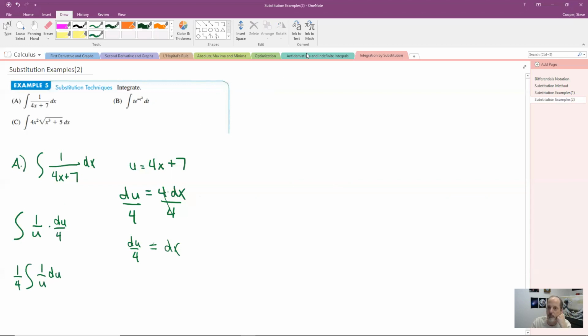Okay, we saw in our last section that the integral of 1 over x is ln of the absolute value of x plus c. So I'll take this to be 1/4 times ln of the absolute value of u plus my constant.